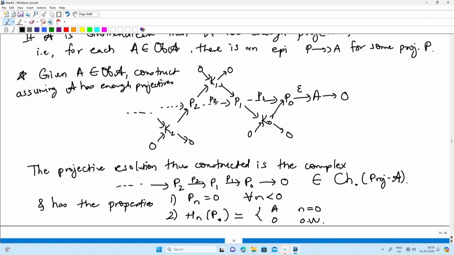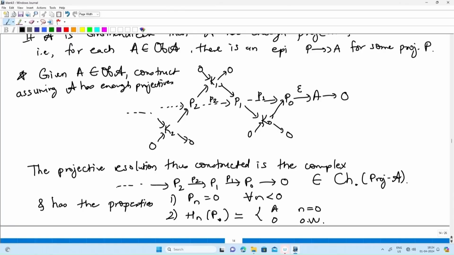So we can recover the object A as the 0th homology, because how do we define homology? Kernel modulo image. What is the kernel of the map from P0 to 0?